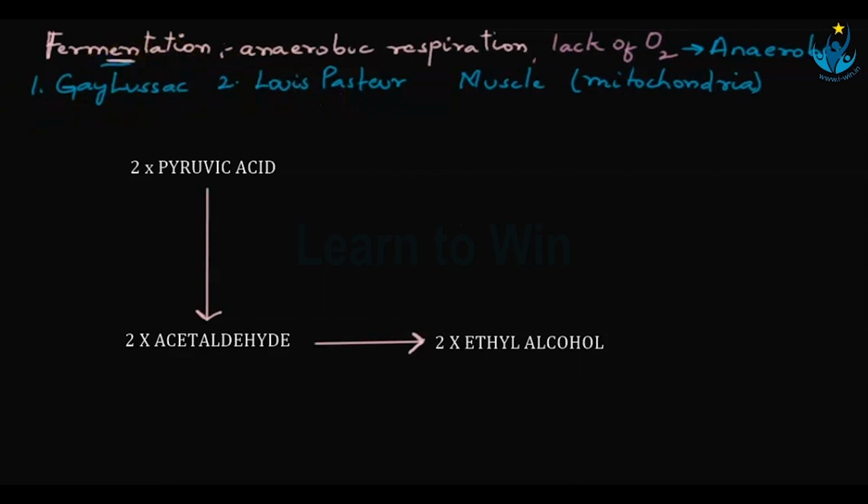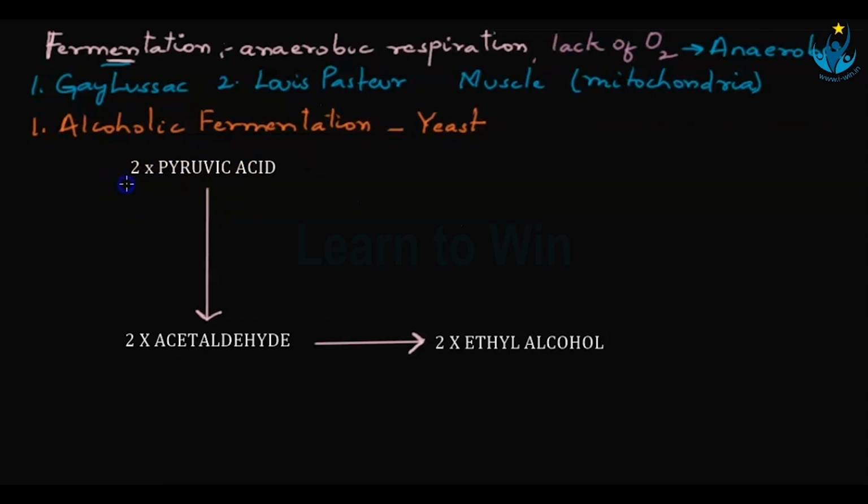So let us go to the first type of fermentation, that is alcoholic fermentation. It is called alcoholic fermentation because the end product is an alcohol. It is most commonly seen in yeast. So what is happening here?